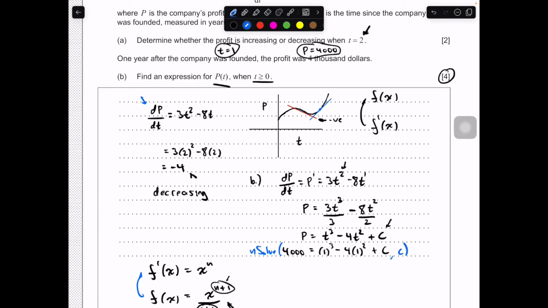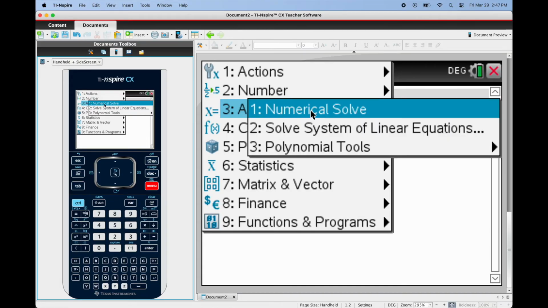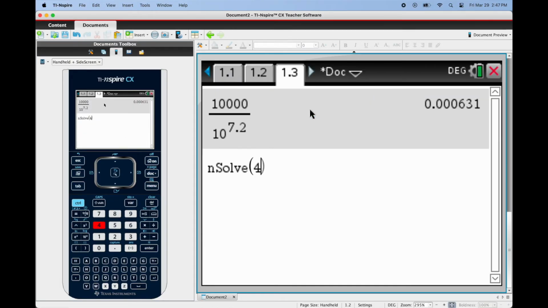So let's go to the calculator and work that out. Menu, algebra, numerical solve. 4,000 equals 1 cubed minus 4 times 1 squared plus c, and we want to solve for c. So 4,003, rather peculiar.